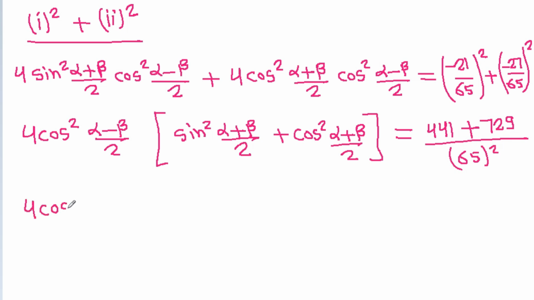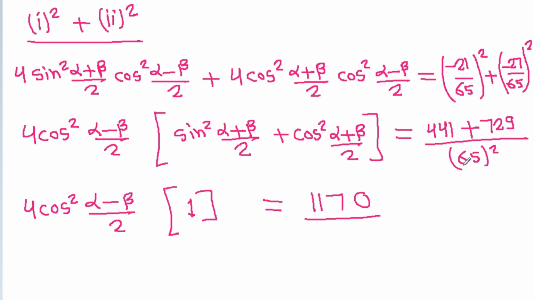Adding, 441 plus 729 is 1170, and 65 square is 65 times 65, and 5 times 13 is 65, and 13 times 18 is 234, and 5 times 234 is 1170.